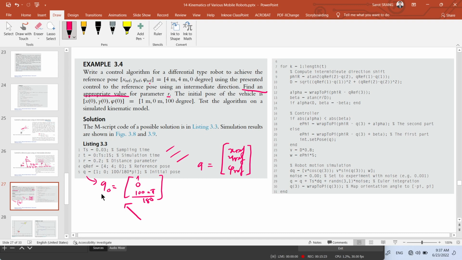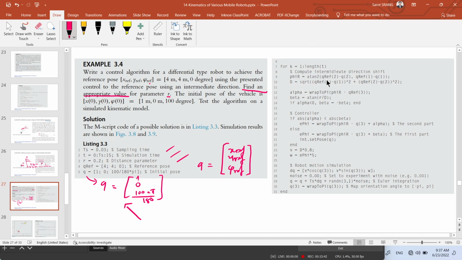This is Q0, but after it is updated in the loop, it represents the instantaneous pose. So this loops over the period 0 to 15 seconds.